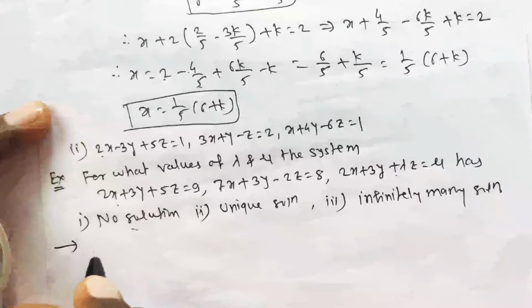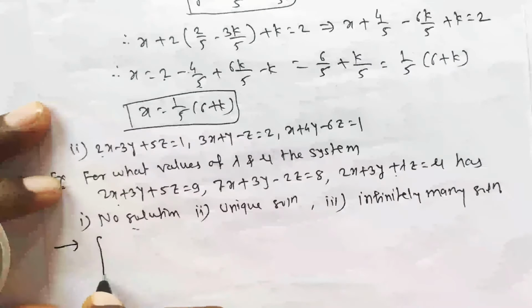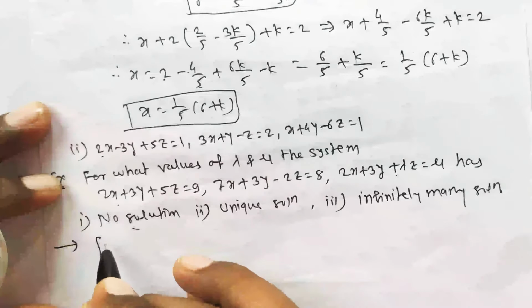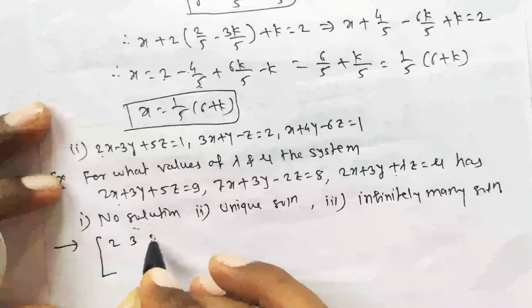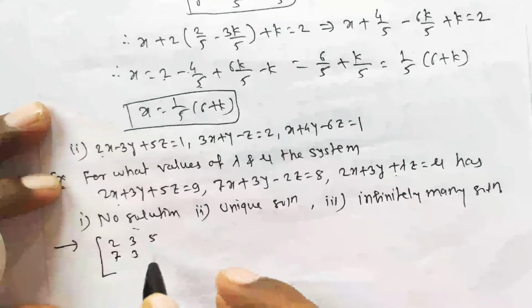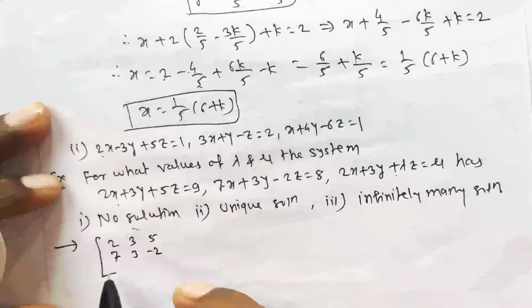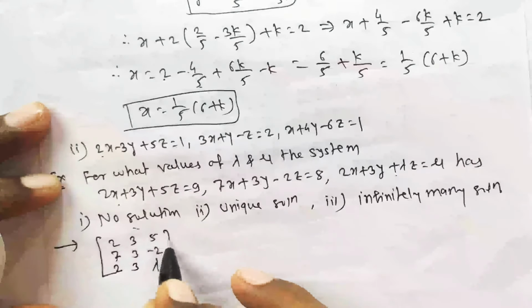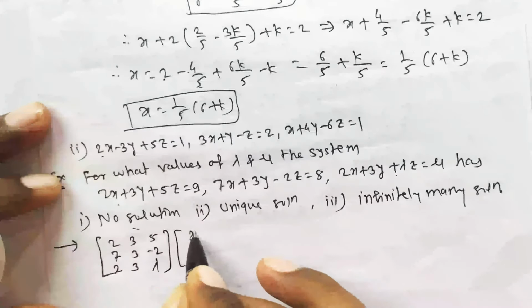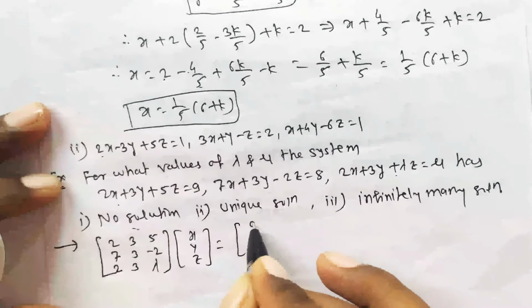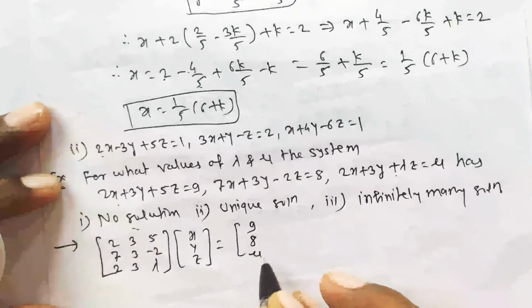Again the method is the same. First write the given system of equations in matrix form. Write down the coefficients of x, y, z: 2, 3, 5, then from the second equation 7, 3, minus 2, and from the third equation 2, 3, lambda, into x, y, z, equal to 9, 8, mu.